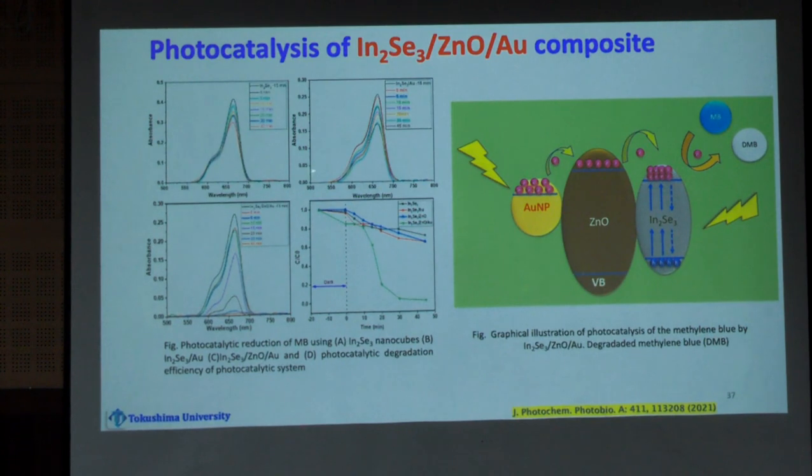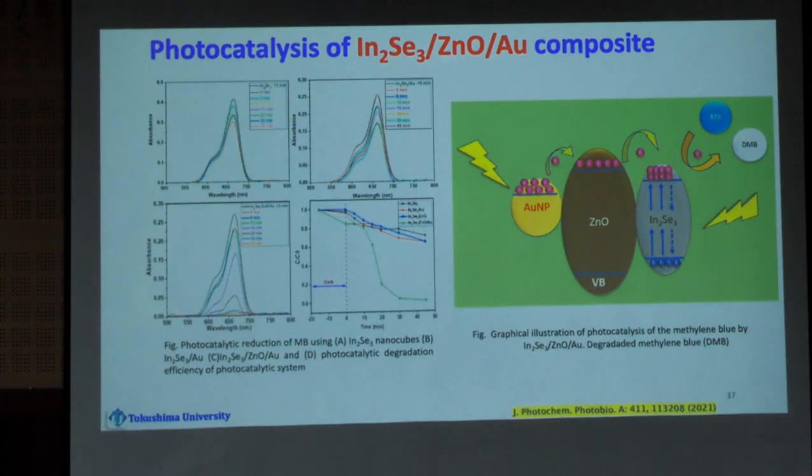So performance wise, if you look, the individual nanocube cannot show better performance, then we add Au, a little improvement, but after making the ternary composite, look at the efficiency. Within a certain time, it can show better photocatalysis performance.